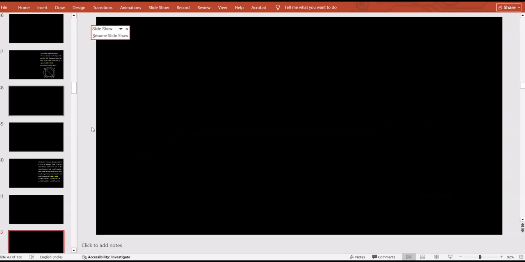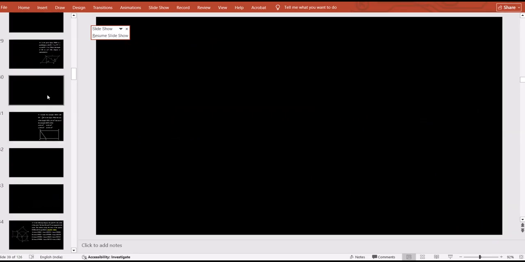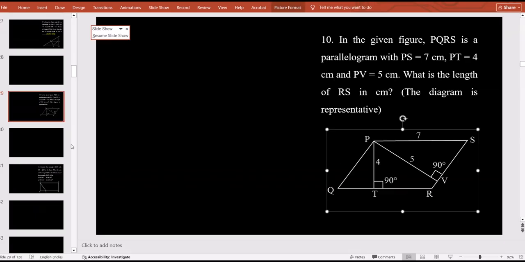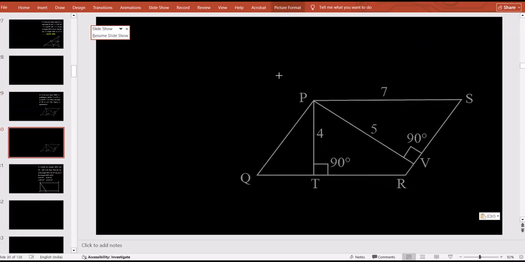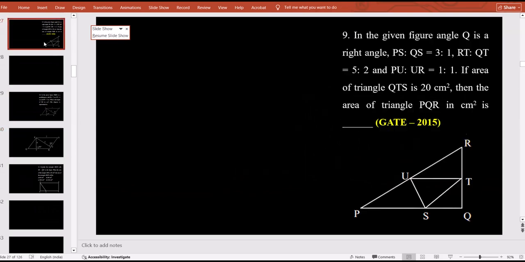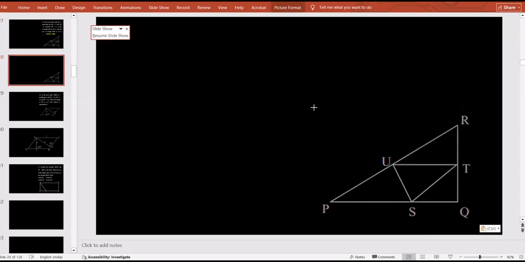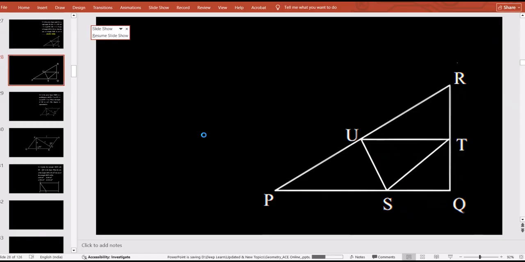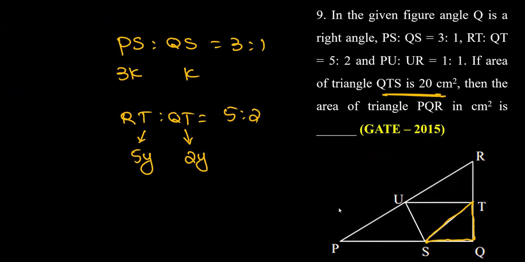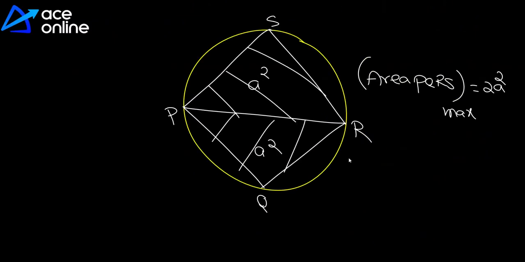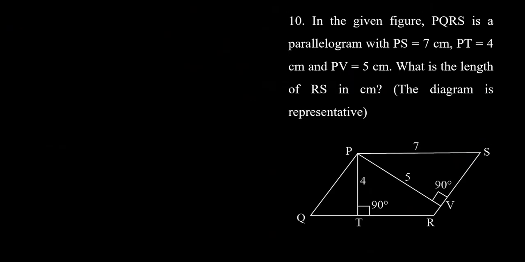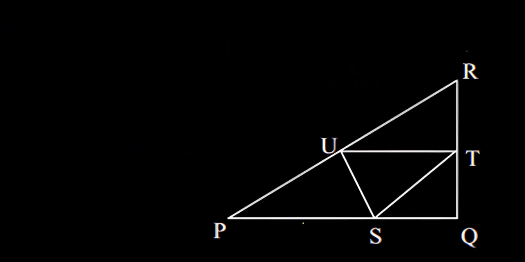Don't take K again, because one variable is already used. So this is 3K, this is K, this is 5Y, this is 2Y.